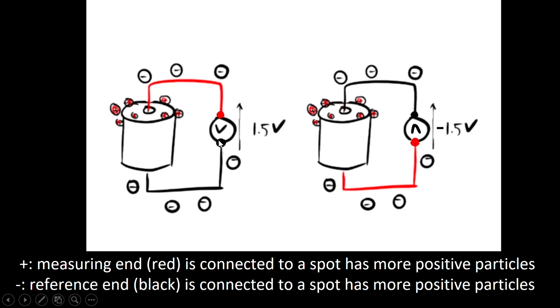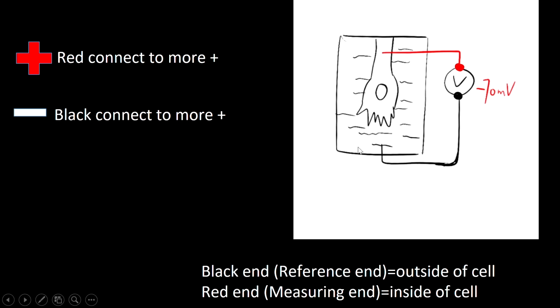That's why electrons are going to flow in this direction. And if the voltage is negative, then you know the reference end is connected to a spot that has more positively charged particles. In this situation, this is negative, so the reference end is connected to a place where there are a lot of positively charged particles, so the reference end is pulling a lot of electrons towards it.